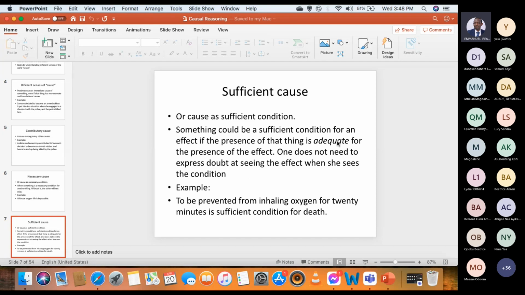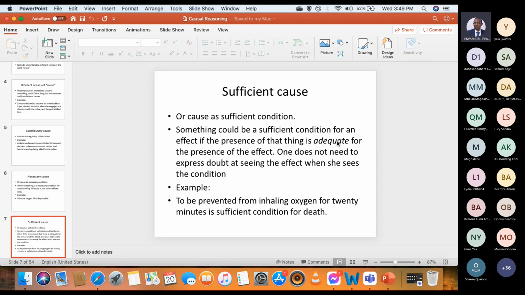Then we have sufficient cause, or cause as sufficient condition. Something could be a sufficient condition for an effect if the presence of that thing is adequate for the presence of the effect. One does not need to express doubt at seeing the effect when she sees the condition.